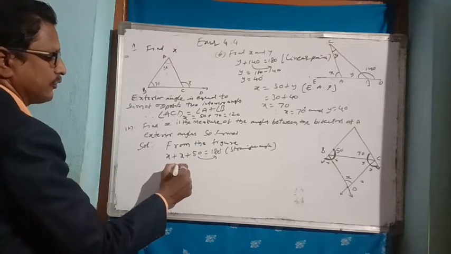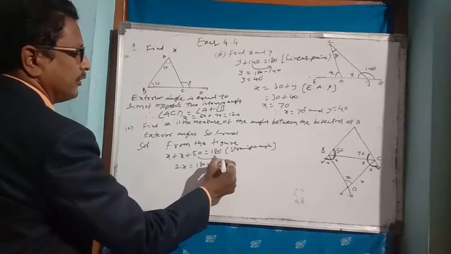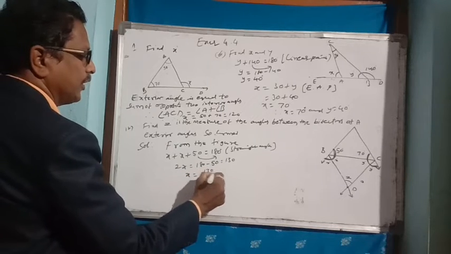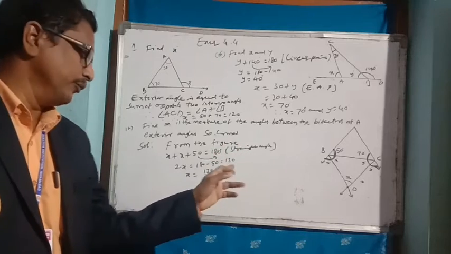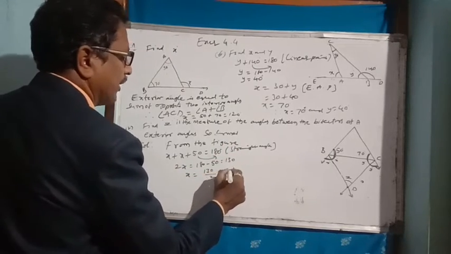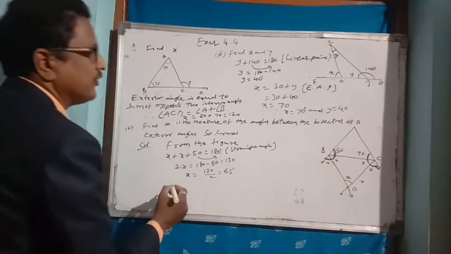X plus X, 2X, is equal to 180 minus 50, which is 130. Then X is equal to 130 by 2. The multiplication quantity goes to the right side as a division quantity. So 130 by 2 is equal to 65 degrees. It's completed.